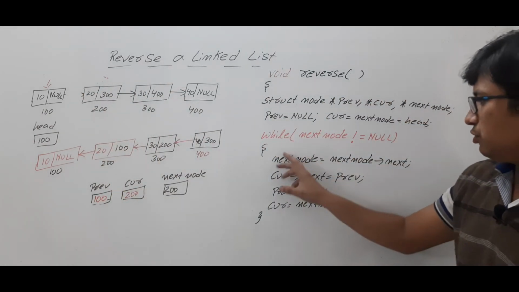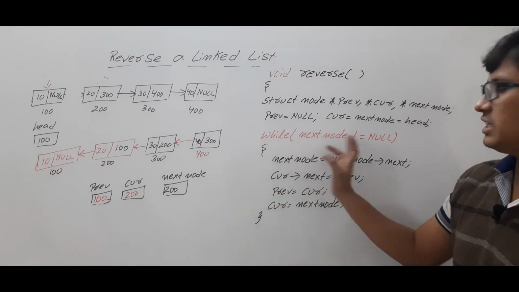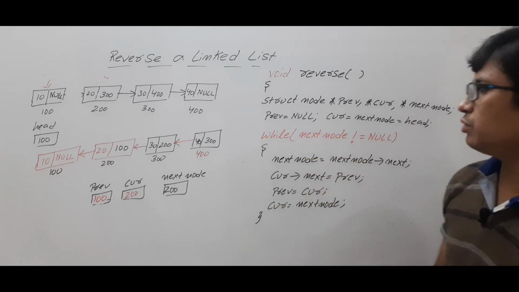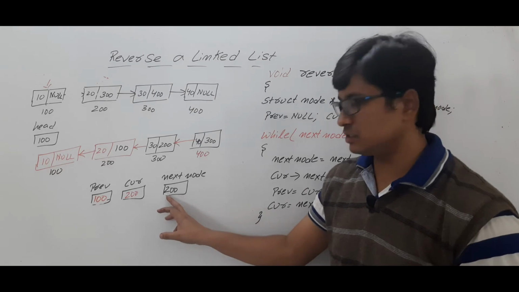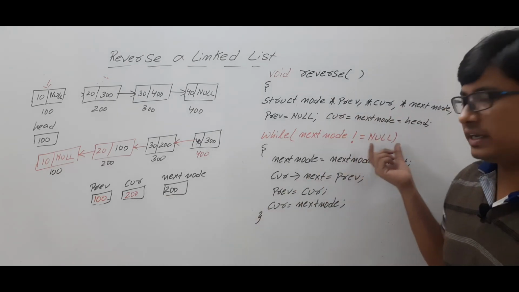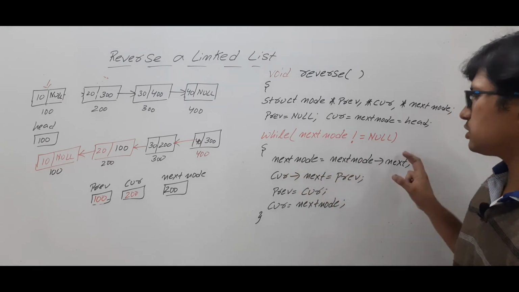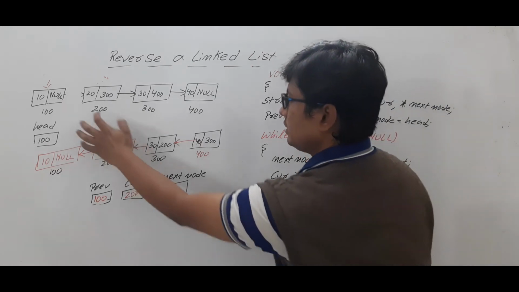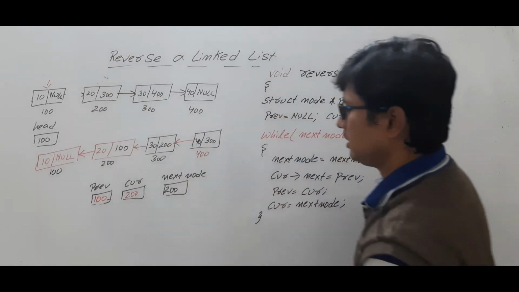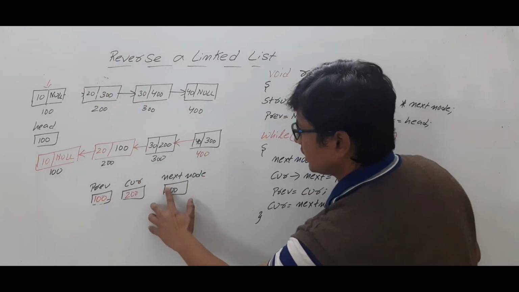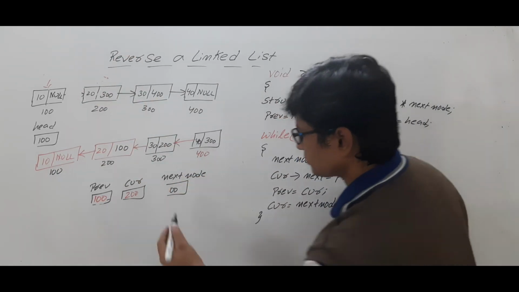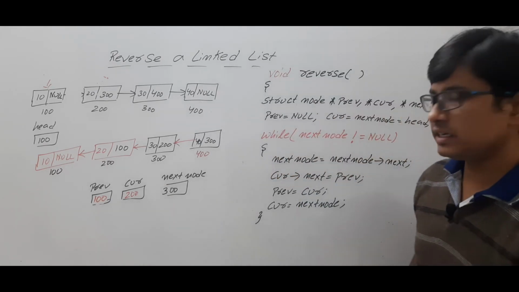After these 4 statements are executed, again you will check the condition. Next node not equal to null. Next node has the address 200, which is not equal to null. Again the condition is true. So again you will write next node is equal to next node of next. 200 is this node. 200 of next is 300, that you are assigning to the next node. Are you able to understand it or not?